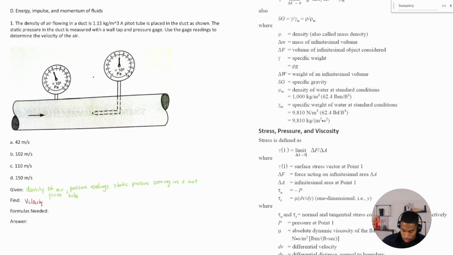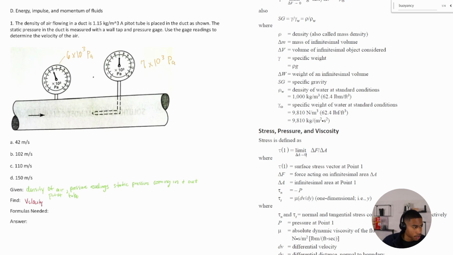Are there any formulas that we need? Well, first and foremost, let's also get these readings. For those of you for whom it's kind of hard to see, it's coming in at 6 times 10 to the third pascals, and it's going out at 7 times 10 to the third pascals.